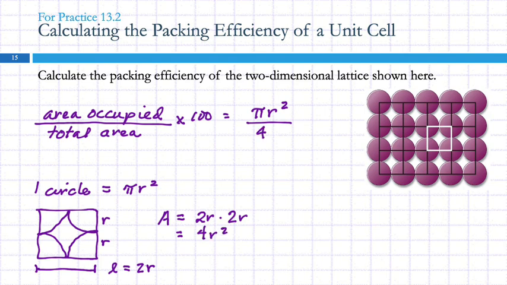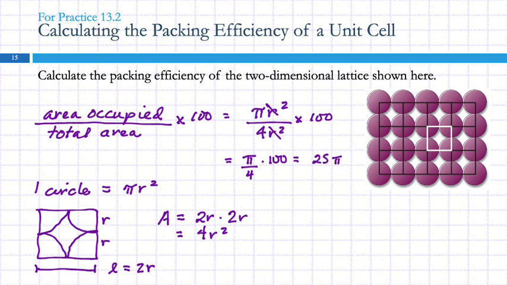So the total area is 4r squared, and then we're going to multiply that by 100. We don't know what the actual radius is. Turns out it doesn't matter because the r squareds cancel out. And so we end up with pi over 4 times 100. So pi divided by 4 times 100. And my calculator so thoughtfully tells me 25 pi.